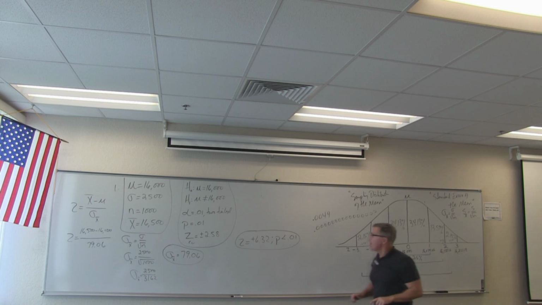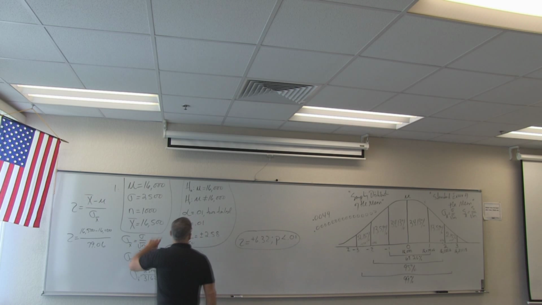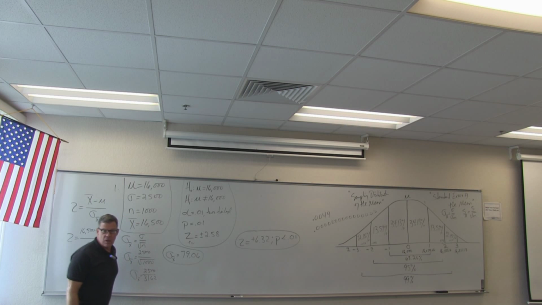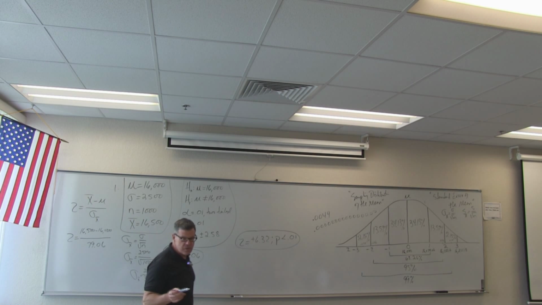Now, there is a small likelihood that my decision to reject the null was not a correct one. So I rejected with about 99% certainty, about a 1% chance that my decision is not a correct one. And of course, the likelihood I committed a type 2 error is irrelevant. That becomes a non-issue.